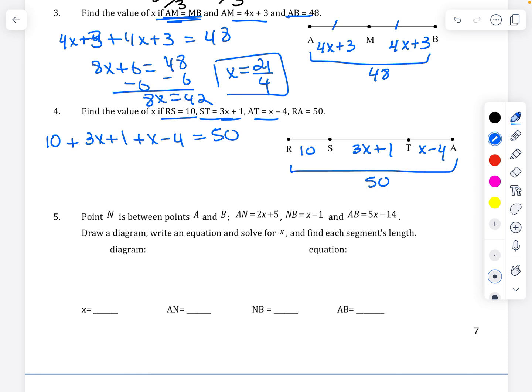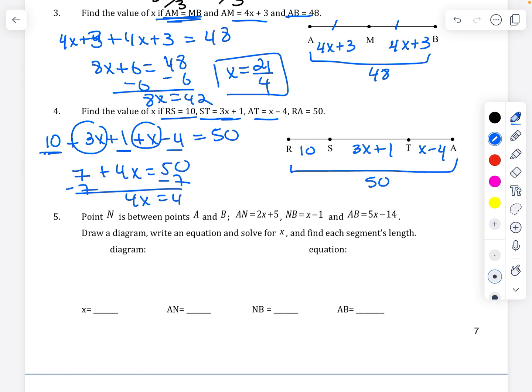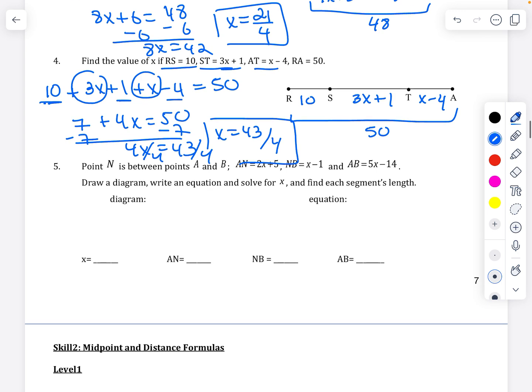Combine your like terms: 10 plus 1 minus 4 is 7, and 3x plus 1x is 4x, equals 50. Subtract, divide. So you should get 43 over 4. For right now, we're going to just leave your answers as fractions, and you can use your calculator to do that.